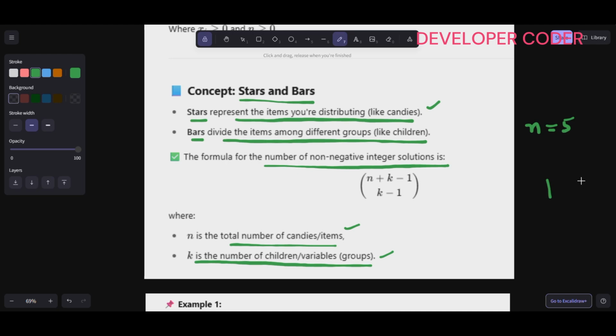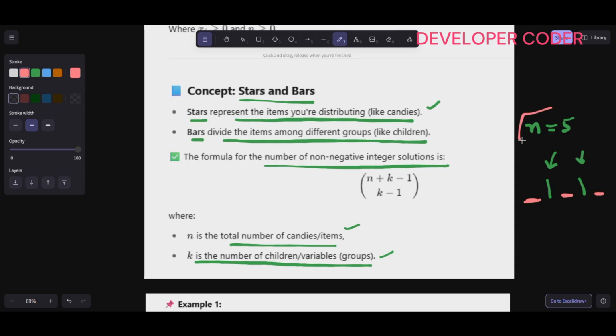We are just using 2 bars here. With just 2 bars we can form these 3 groups, right? So k is the number of children, variables or groups, and n is the total number of candies.